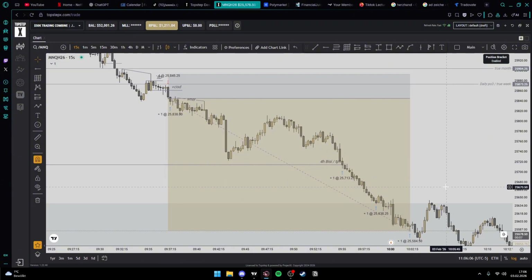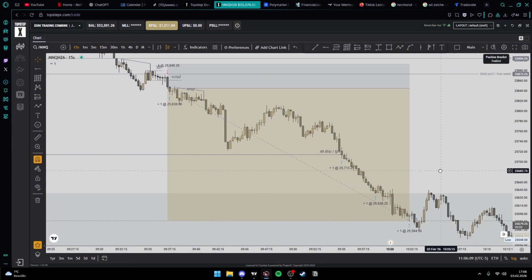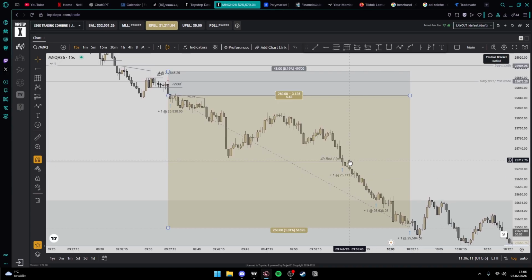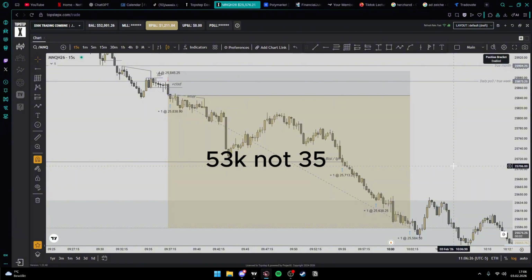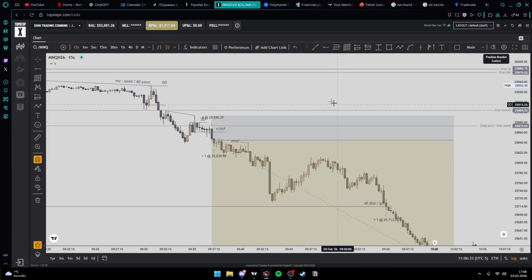I just played it safe, took my piece of the cake, and I even needed to trim my position due to the Topstep consistency rule. My full take profit was about 1.8k, and I just want to make under 1.5k so I can pass the eval at $35,000 and not like 45 or something. So yes, that's about my entry.